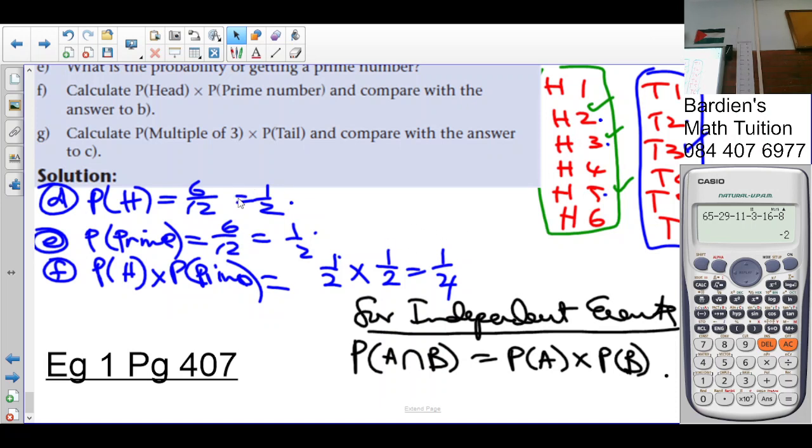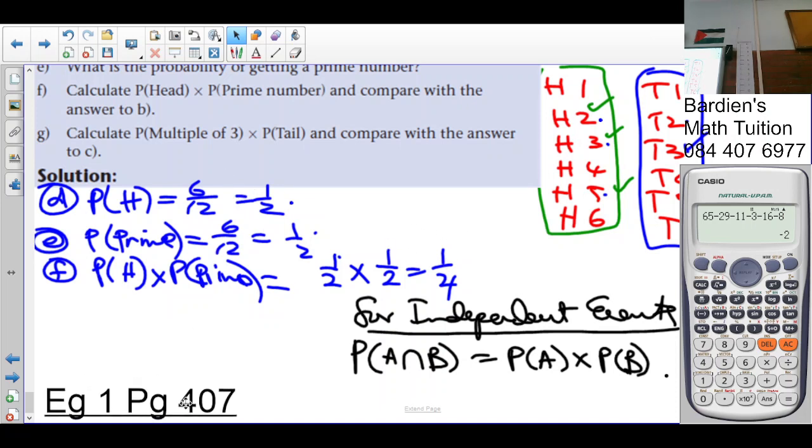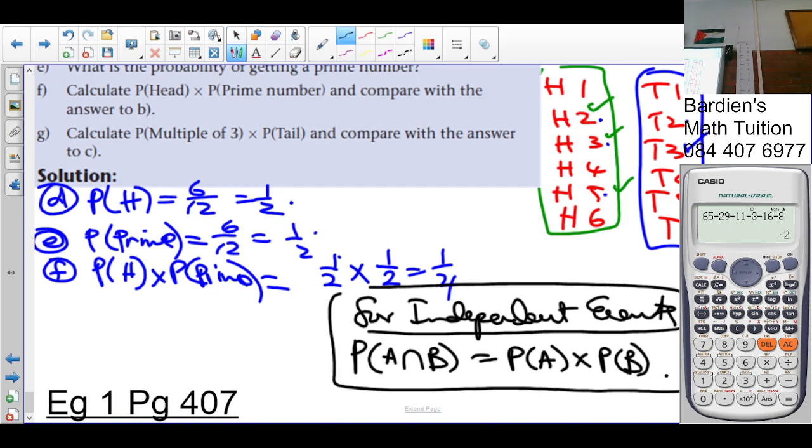Then it says in G, calculate the probability of the multiple of 3 times the probability of tails. So what's the probability of multiples of 3?